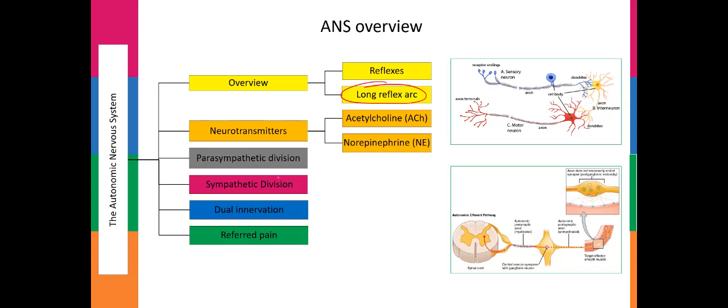We're going to talk about the parasympathetic and sympathetic divisions of the autonomic nervous system. There is a third one which we'll focus on much later on. And then we're going to talk about the concept of dual innervation and finish off with a brief description of what referred pain is. So let's get started.